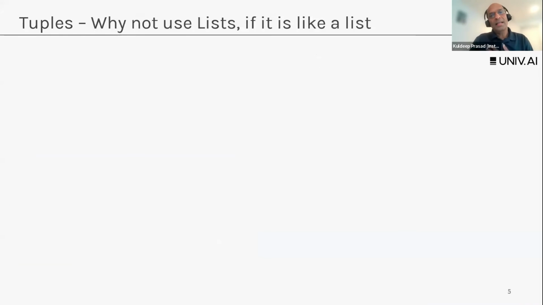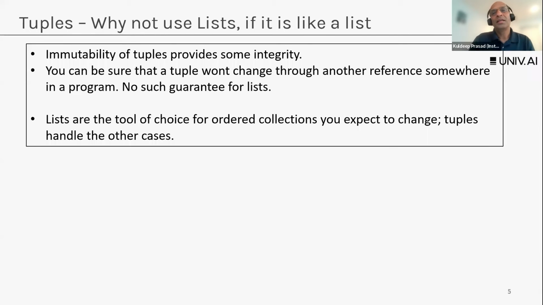If tuples are like lists, what's the advantage? Why do we use tuples instead of lists, right? The key thing that you should remember is that the fact that these tuples are immutable actually provides some integrity, right?